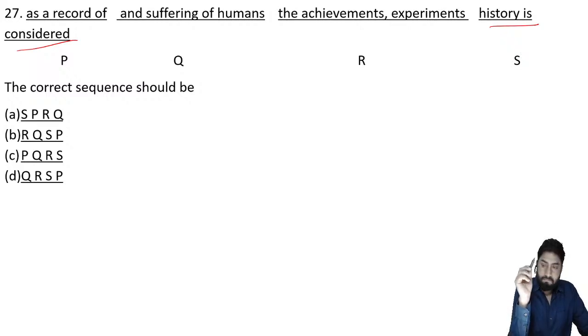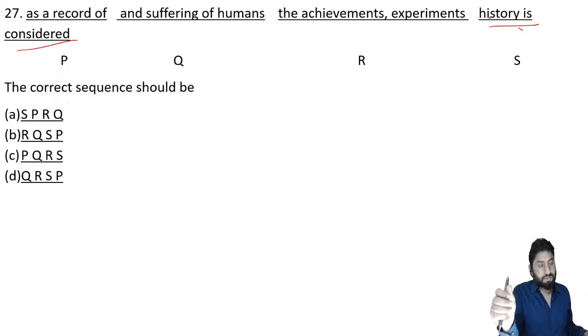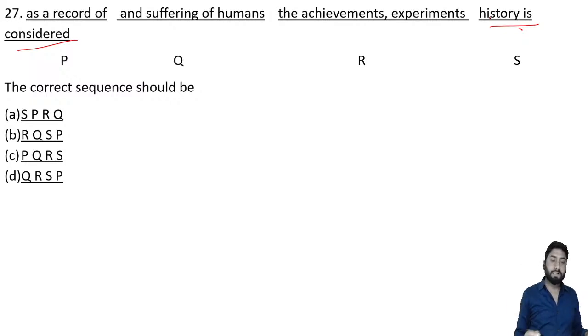P. History is considered a record of the achievements, experiments, and sufferings of humans. Yes, actually.